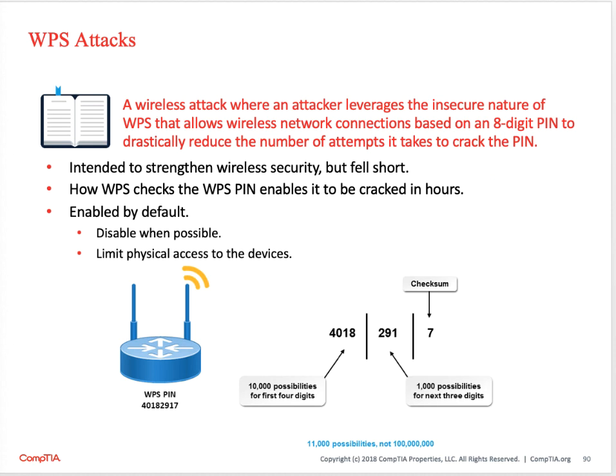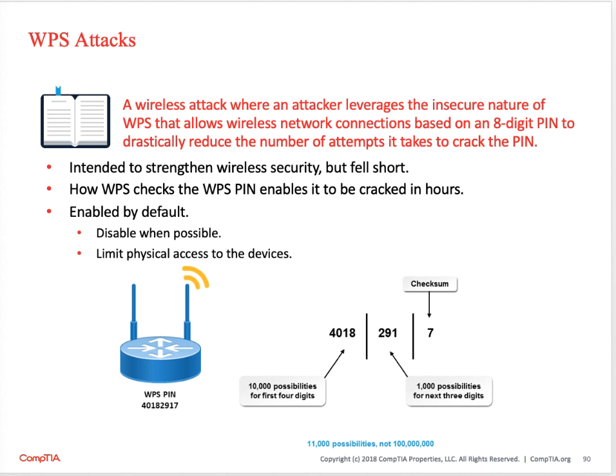Then we have WPS attacks. WPS is Wi-Fi Protected Setup. It's a wireless attack where the attacker leverages the insecure nature of WPS, which allows network connections to be based on an 8-digit PIN, and this drastically reduces the number of attempts it takes to crack that PIN, right?